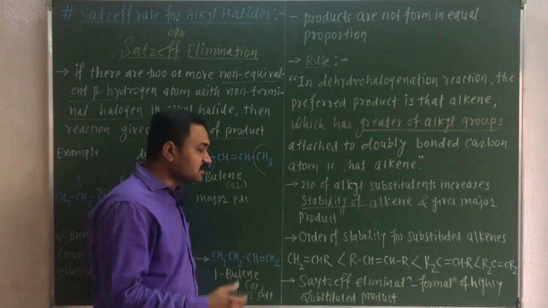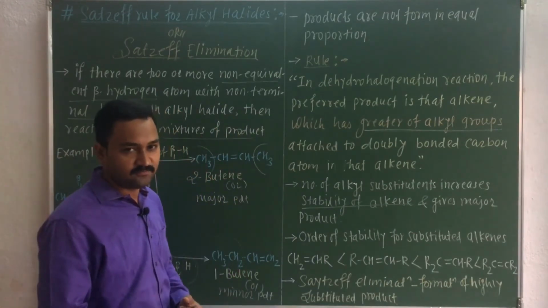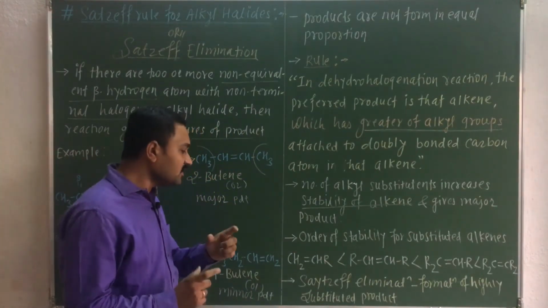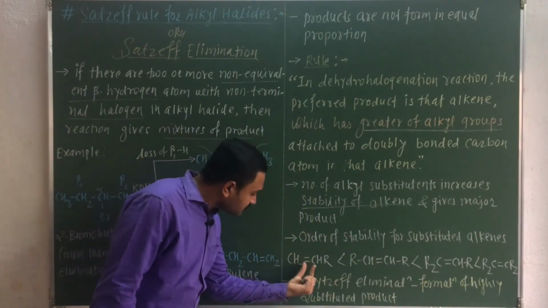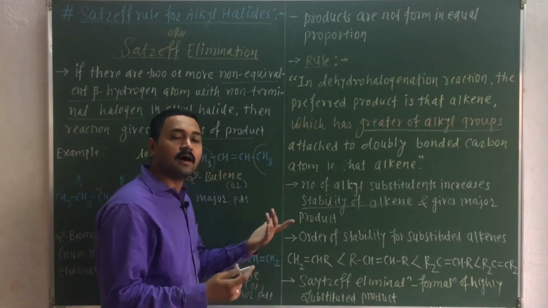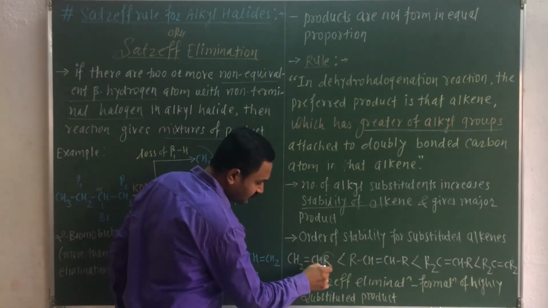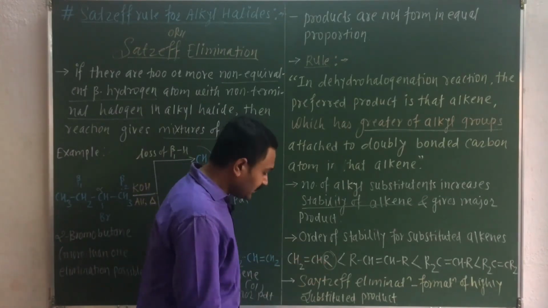And if we consider the order of stability for the substituted alkenes according to Saytzeff's rule, I have given this order. Across this double bond, I have given R as an alkyl group. You know that R is considered an alkyl group.